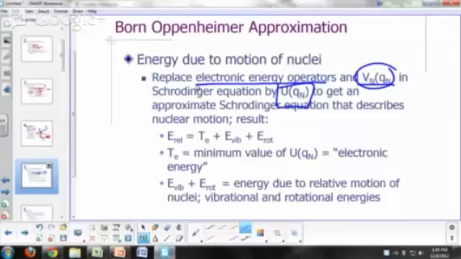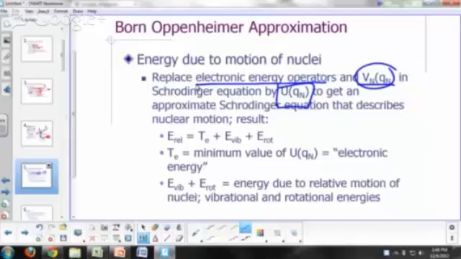In other words, we imagine the nuclei now as moving through a field of a charge cloud, where you can imagine your electrons are all smeared out. Some places there's a higher concentration of electrons, in some places lower, depending on what the electronic state is. So imagine your nuclei moving through that force field.